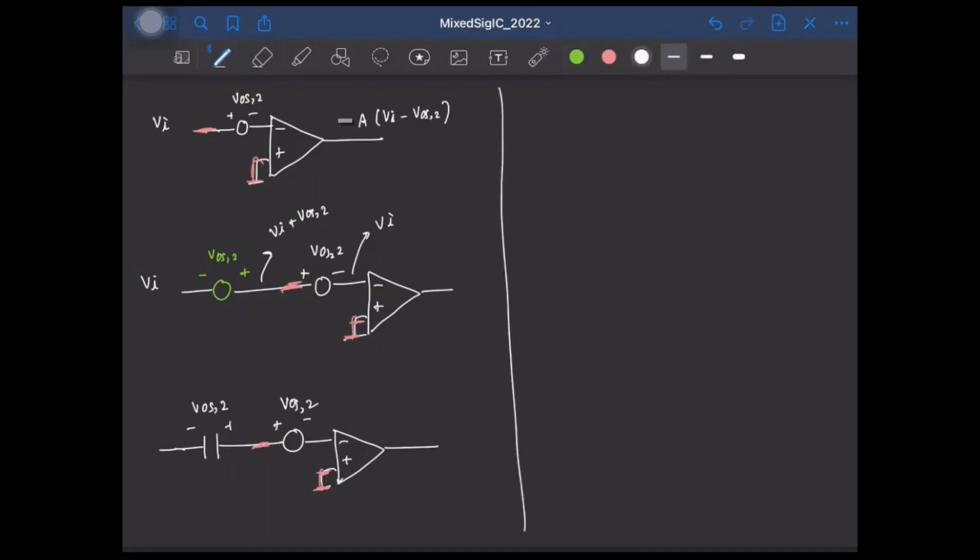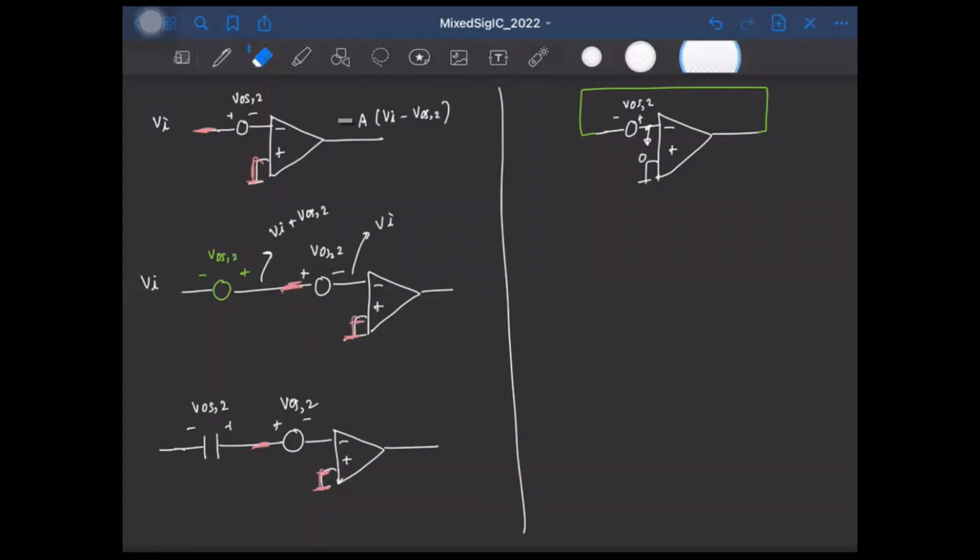For that, let's look at the preamp once again. So this is our preamp. So this is the equivalent offset model here, VOS2. Right? Now if we connect the preamp in unity feedback like this, and if the amplifier has high enough gain, then virtual ground will be enforced. So this voltage will be 0, right?